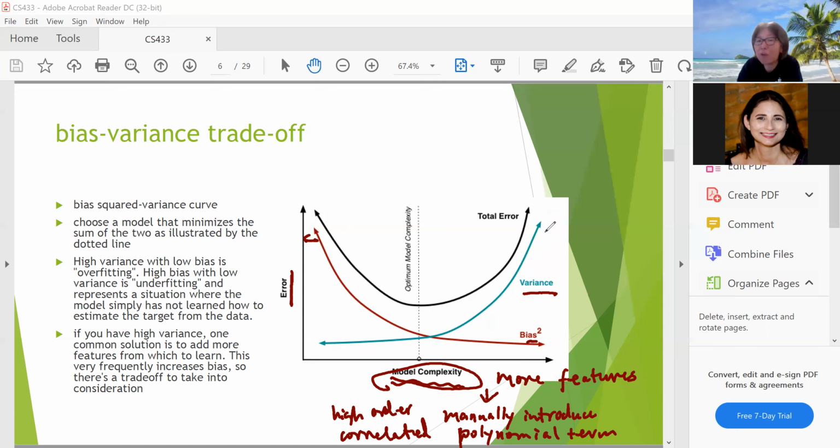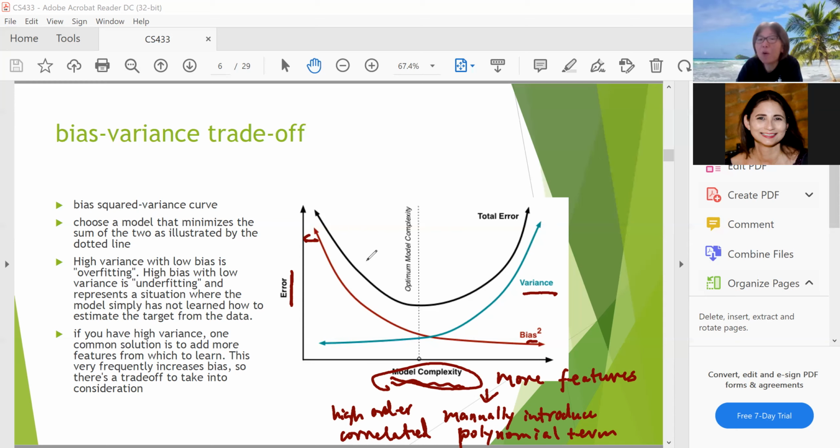And for variance, if the model is too complex, then it fits the training sample well, but it's not good for new incoming data. It may catch up a lot of noise, so the error can go up with the model complexity.